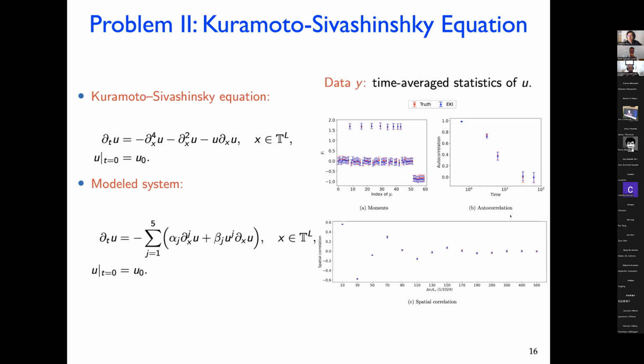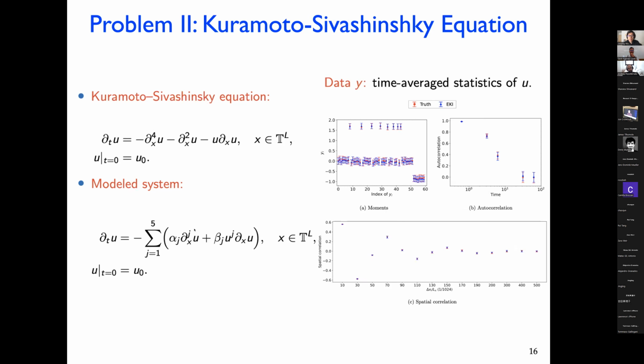So after introducing the methodology part of the sparse EKI, let's take a look at some results. We try to test the performance of sparse EKI using a dynamical system, what we call the Kuramoto-Sivashinsky equation. The true KS equation is presented at the top.